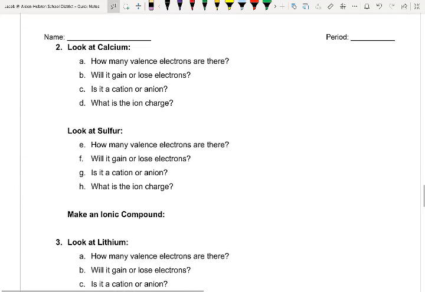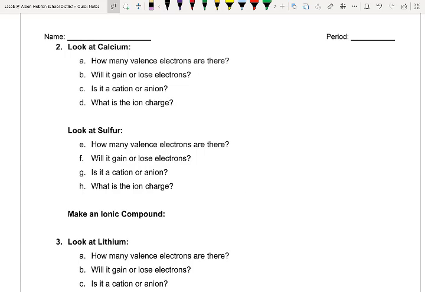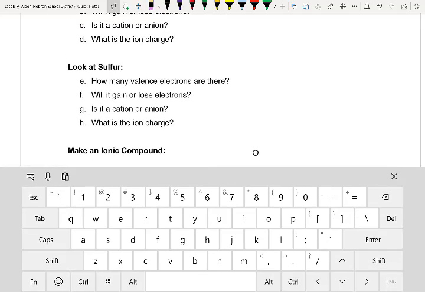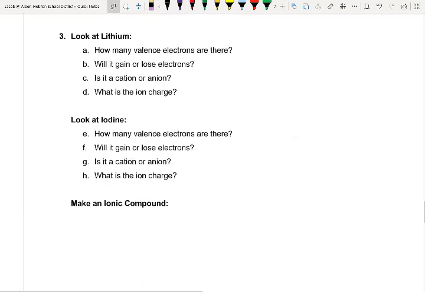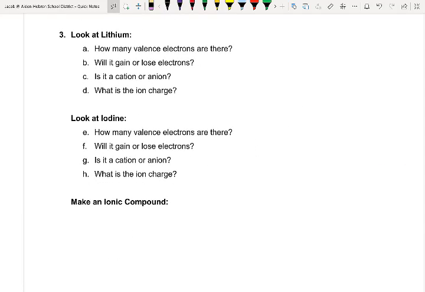Number 2, calcium and sulfur. Again, you're going to make that ionic compound. Number 3, lithium and iodine. Make that ionic compound.